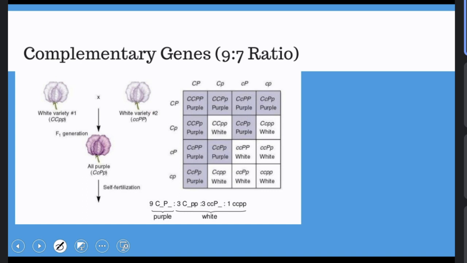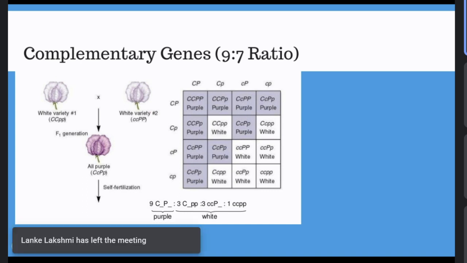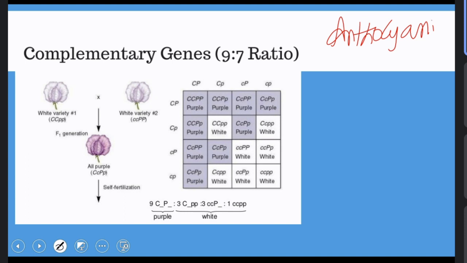Let us say purple color occurs due to a pigment called anthocyanin. Here there is a precursor substance.